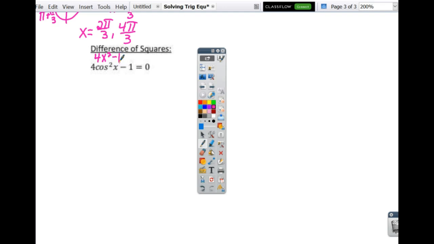How would I factor? So I would factor it 2x plus 1, 2x minus 1, and just replace the x with cosine. And you have to set both equal to 0 then.